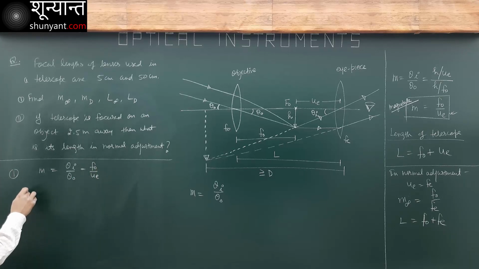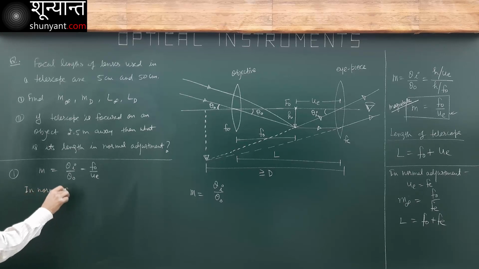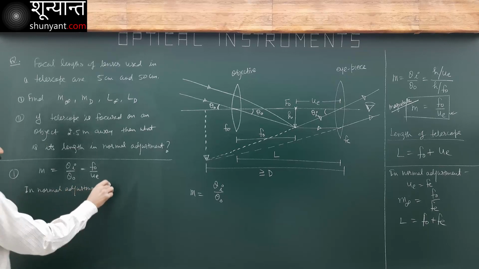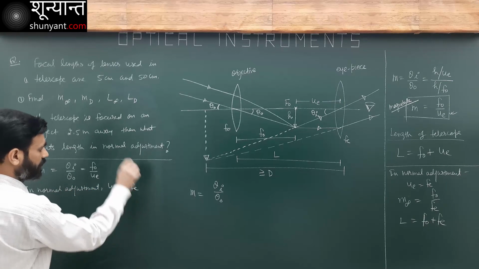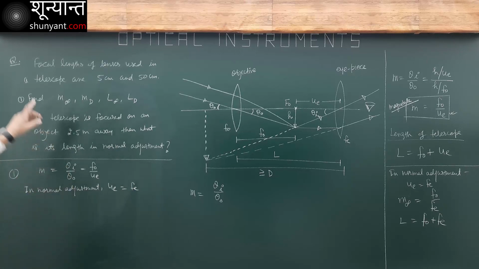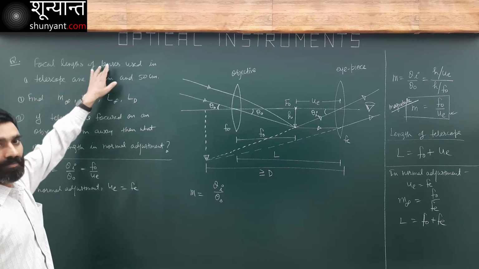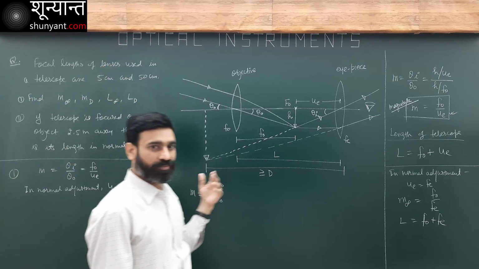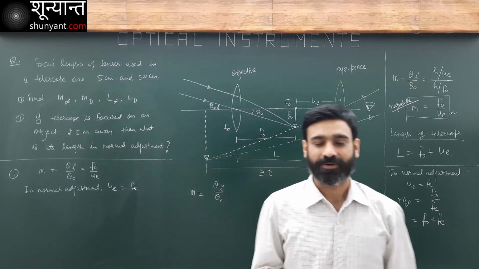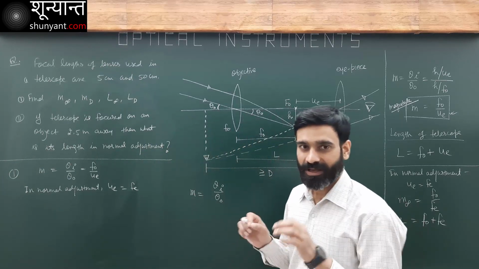Now, in normal adjustment, UE should be equal to FE. Now, these two lenses are given, but it is not given which one is objective and which one is eyepiece. So that is something that you will have to remember.